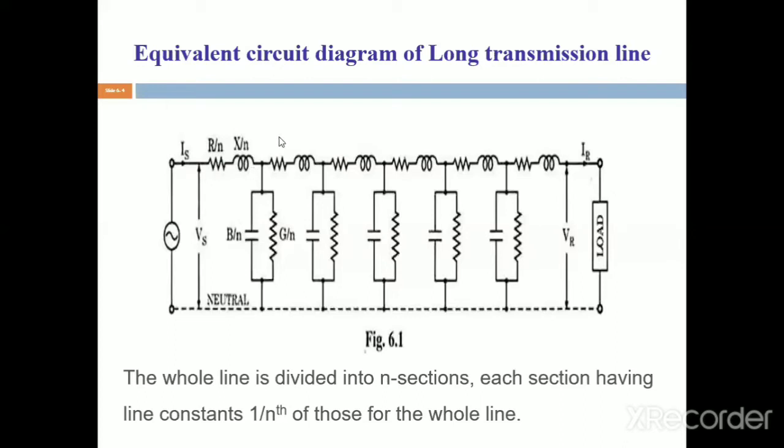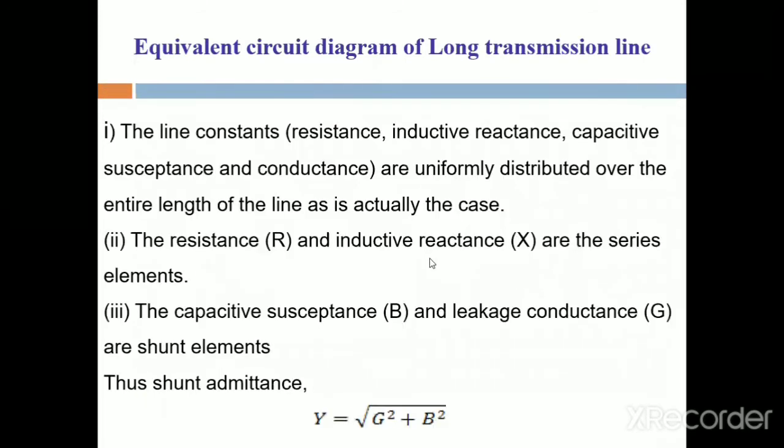These uniform parameters have the line constants of 1 by nth of the resistance, 1 by nth of the reactance, 1 by nth of the capacitance and 1 by nth of the conductance. The whole line is divided into n sections, each section having 1 by nth of those for the whole line.